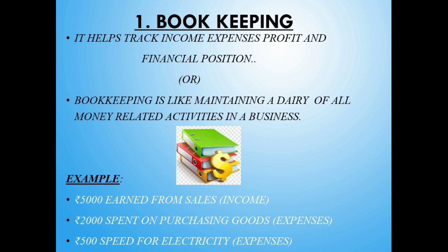This is your expense. And a 500 rupees electricity bill: you paid 500 rupees for electricity. This is also an expense. If you deduct these 2500 rupees from your income, the remaining is 2500 rupees. This is called bookkeeping.